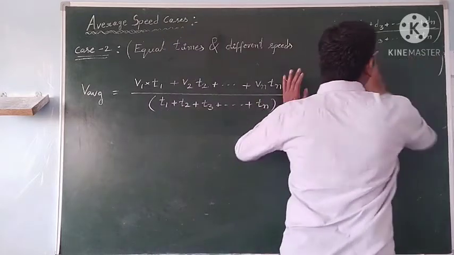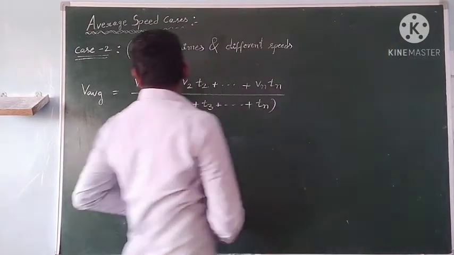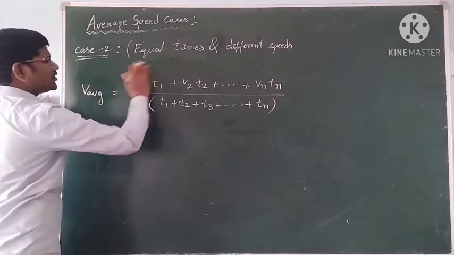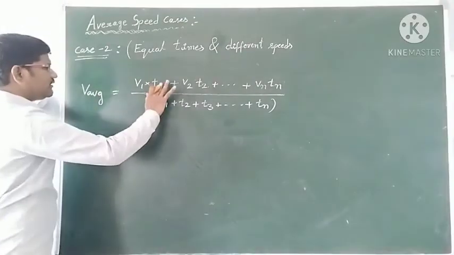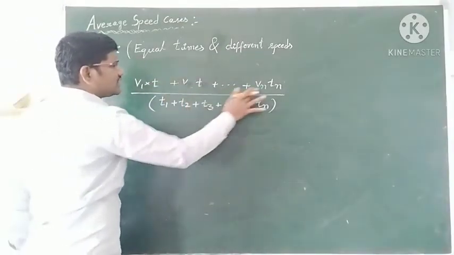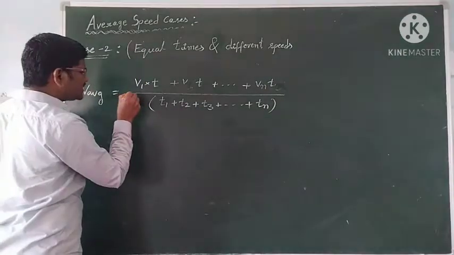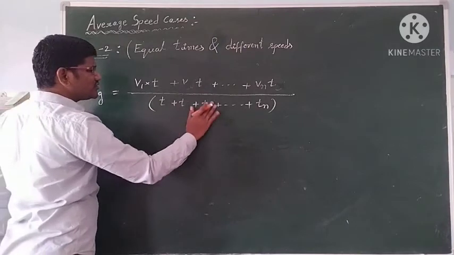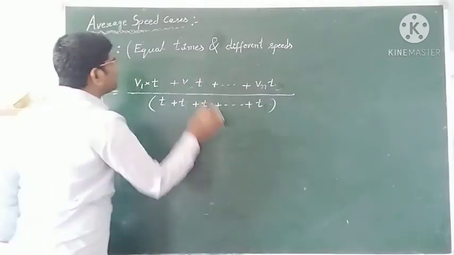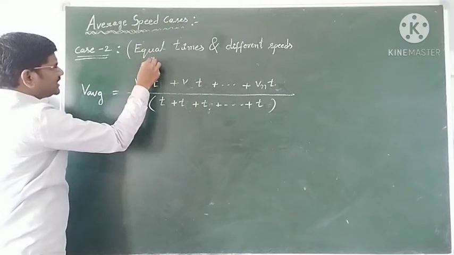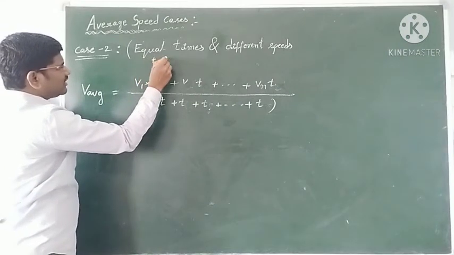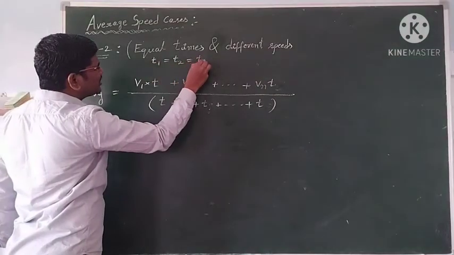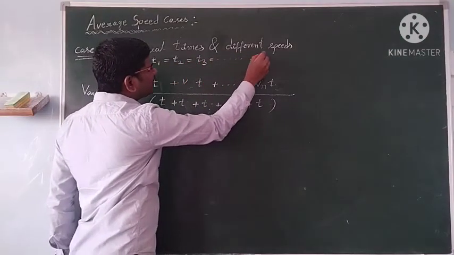Okay, now see my dear students, equal times. All times are same. So T1 is T, T2 is T, T3 is T, Tn is also T. Okay students? T1 plus T2, T3 and Tn, all times are same. T1 is equal to T2 is equal to T3 is equal to so on Tn.